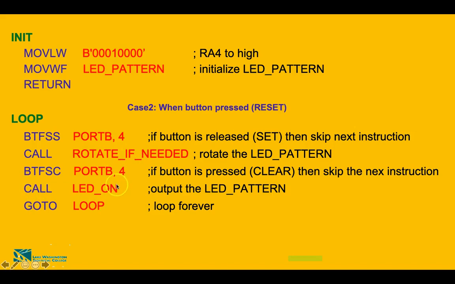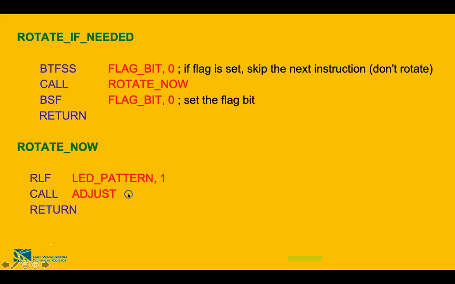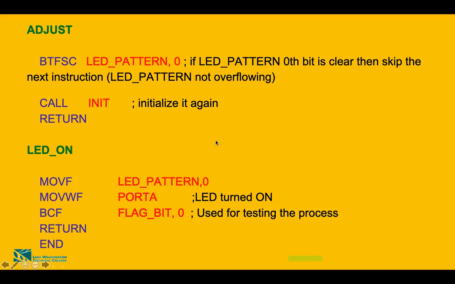These are my two labels which I have used, and loop is also a label, and the loop label you already see here is my loop label. And then I'm going to show you these two. Okay, so rotate if needed. I think I'll quickly go to this one first.